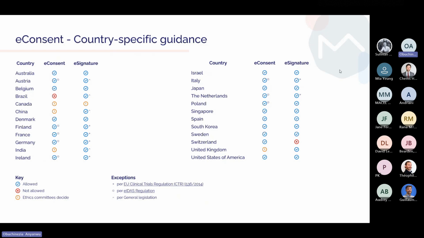In Canada, pending an ethics review for both eConsent and e-signature, permission would follow. And in the UK, similarly, an ethics committee would be required before permitting the use of eConsent, but e-signatures are already permitted.